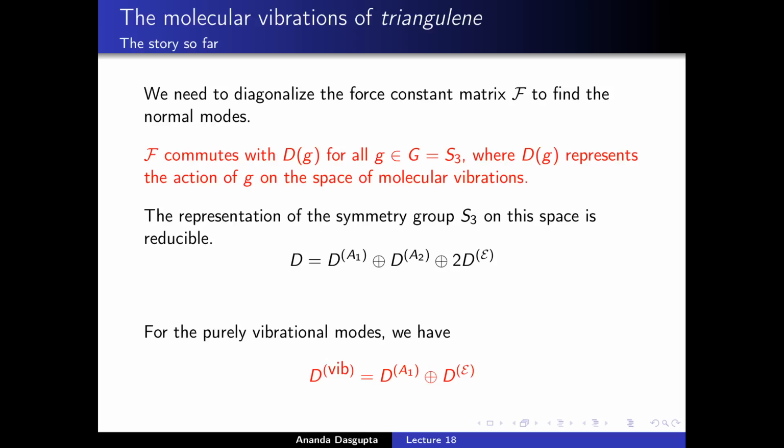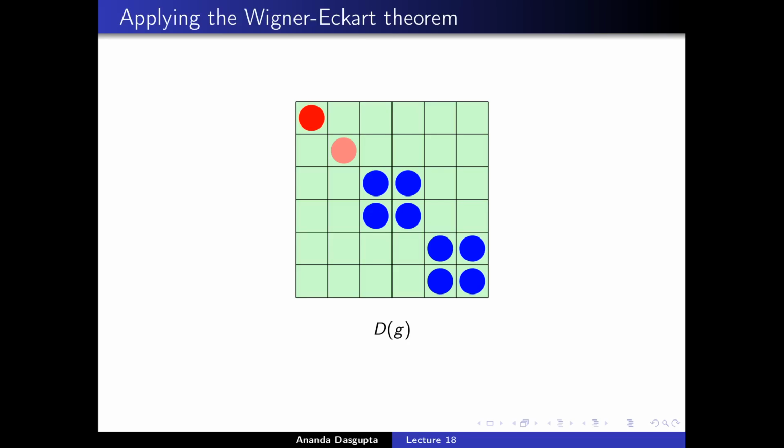As the general theory has told us, the space of molecular vibrations provides the representation for my symmetry group S3, and this representation is reducible. It breaks up into D^A1 direct sum with D^A2 direct sum with 2 copies of D^E. So this means that if we could choose our basis properly, each and every one of the representation matrices D(G) would end up having a structure which looks like this.